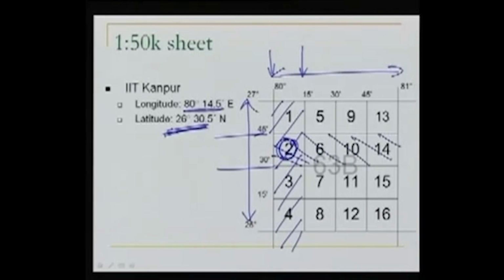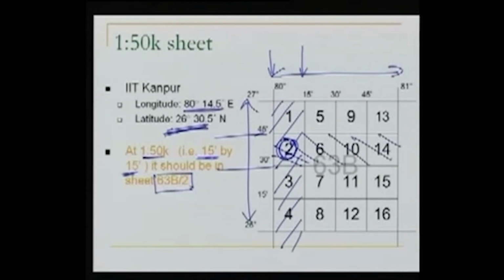So we can write that our area of interest, which has a sheet extent of 15 by 15 minutes, at 1:50,000 scale has the number 63B by 2.